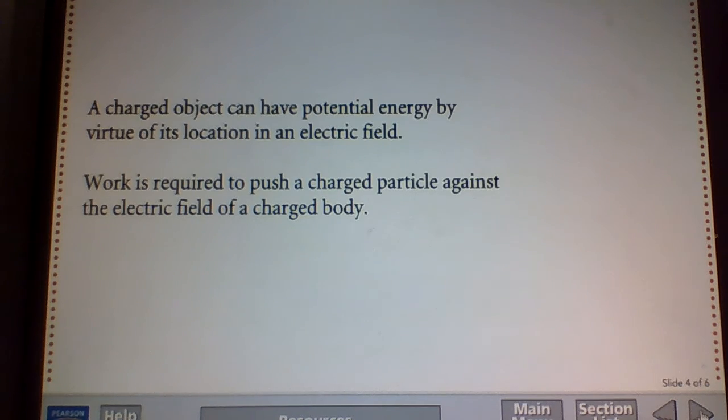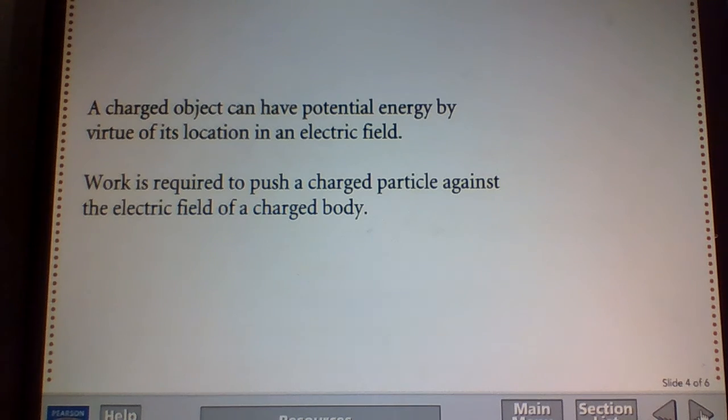So a charged object can have potential energy by virtue of its location inside an electric field, and work is required then to push a charged particle against the electric field of the charged body. If I try and push a positive charge closer to a negative charge, it's actually going to pull my hand if I were to not give it much resistance.